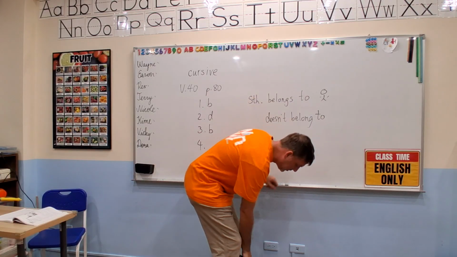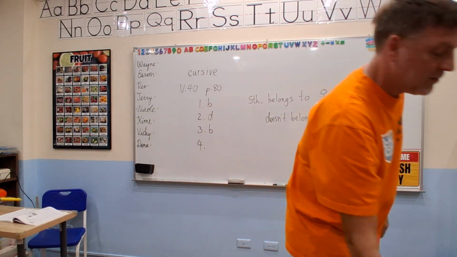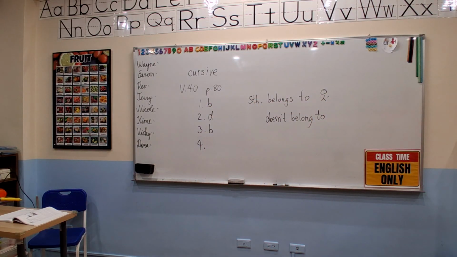That bag doesn't belong to you, okay? Can you give me another sentence, Kimi, where something belongs to me? Who do these shoes belong to? Because they're not in the shoe rack. Who do they belong to?